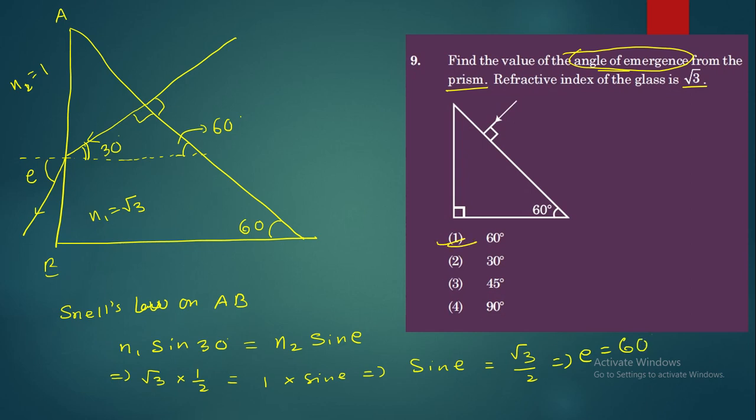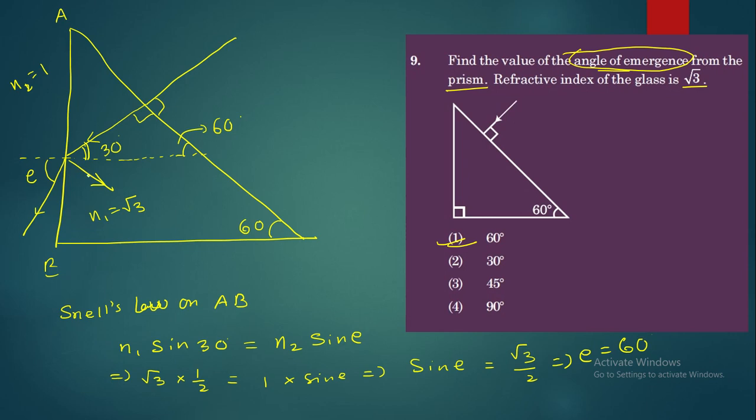One more important thing in this calculation that I have skipped, which we should have done, is checking whether the light will transfer into the other medium or reflect back into the medium, because when the light strikes AB, it may reflect back into the medium if the angle of incidence was more than the critical angle of the medium.